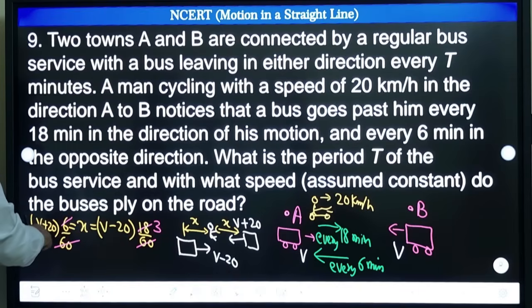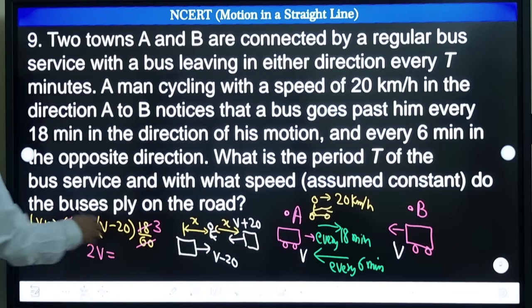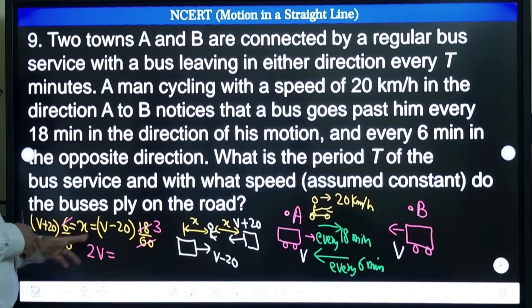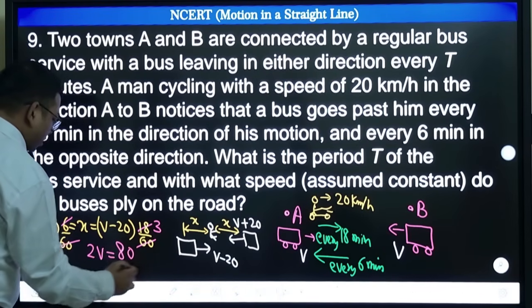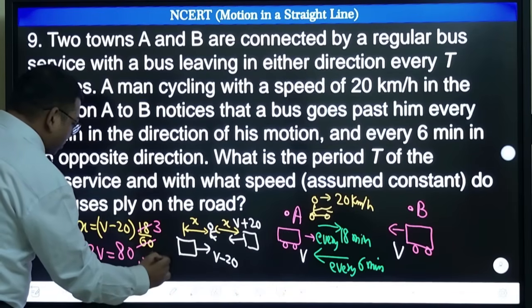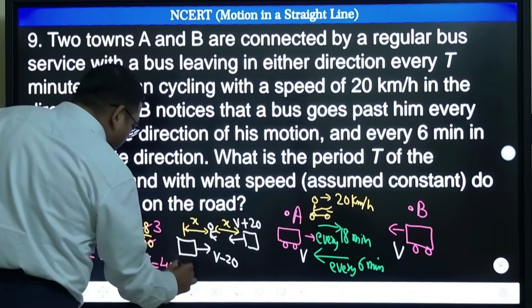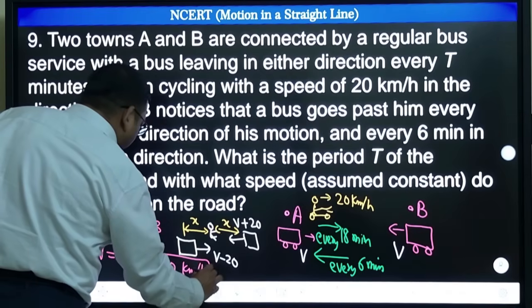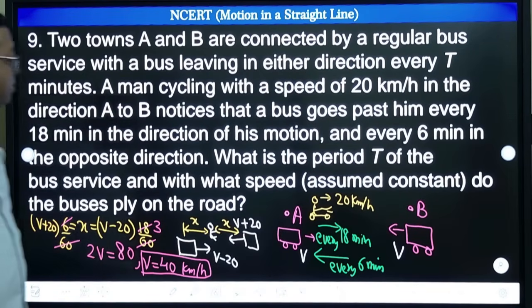So 3v minus v is 2v, and this has become minus 60. 60 will go to this side and it will become 80. So what will be v? v will become 40 kilometer per hour. That will be the answer. Like this, 40 kilometer per hour will be the speed.